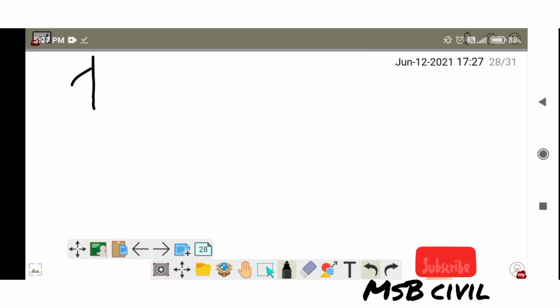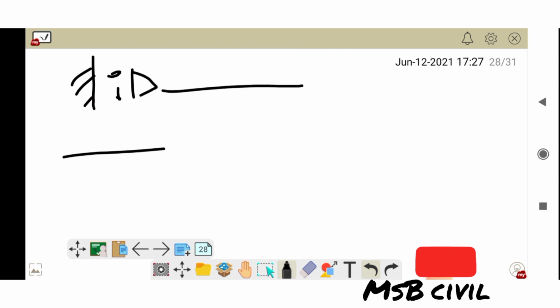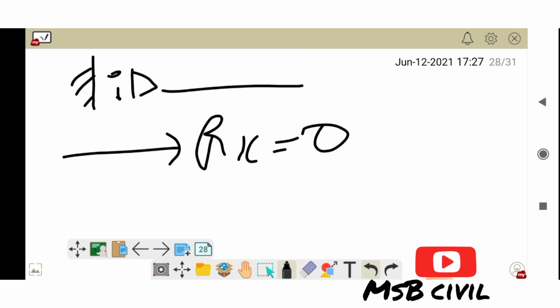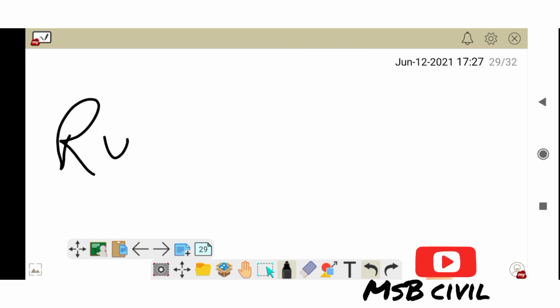In this case only Rx is equal to 0, because Ry will displace in this direction.